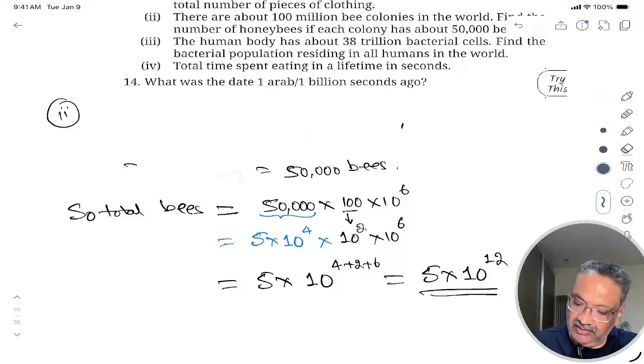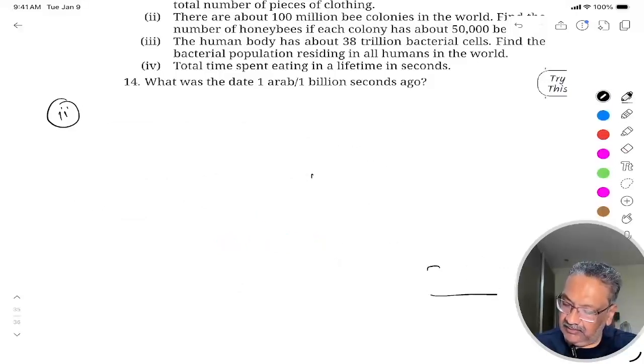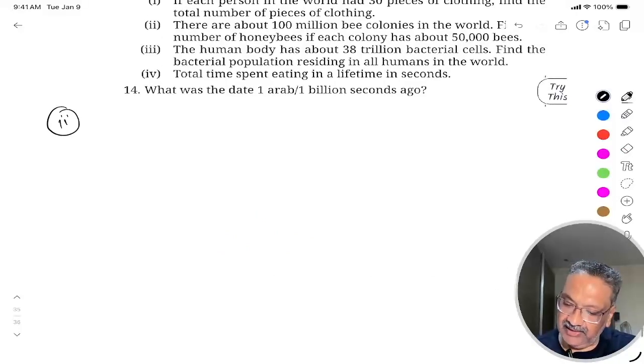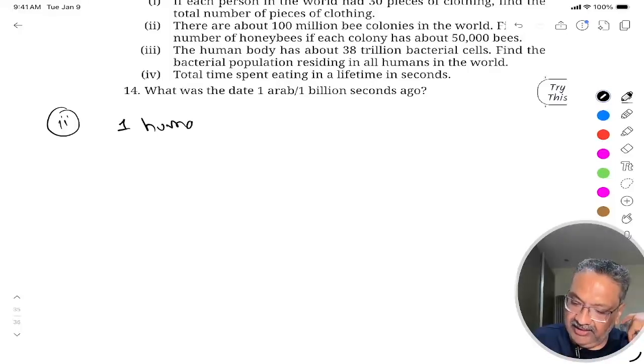Next, third question, part 3. The human body has about 38 trillion bacteria. Human body, ಒಂದು human ಬಾಡಿಯಲ್ಲಿ one human carries 38 trillion bacteria.